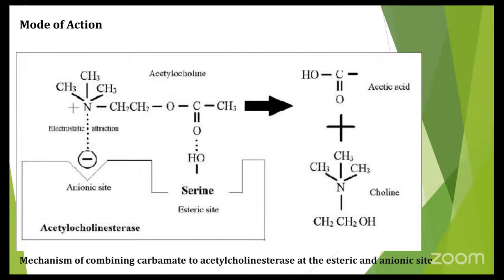You can see the esteratic site where you have serine, and the carbamate reacts with a serine hydroxyl group within the enzyme active site, resulting in carbamylation of this hydroxyl group and yielding a hydroxylated leaving group. This process inactivates the enzyme and blocks the degradation of the neurotransmitter acetylcholine.